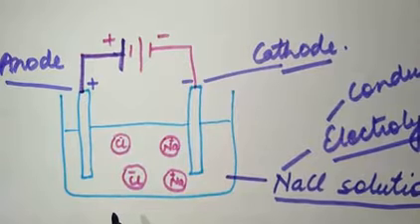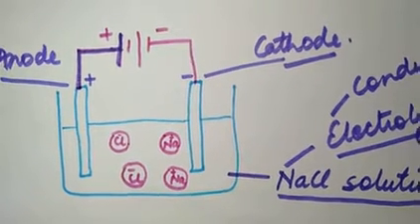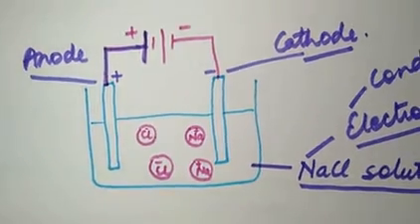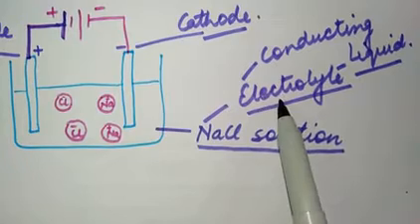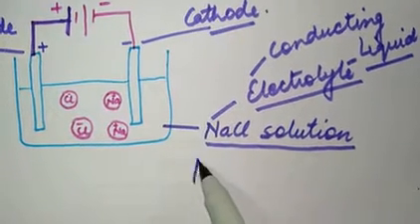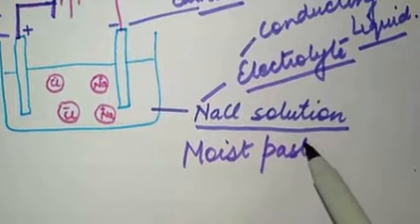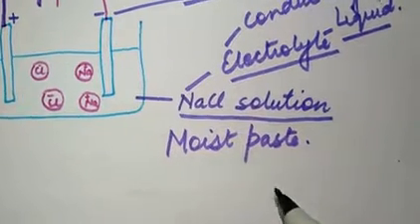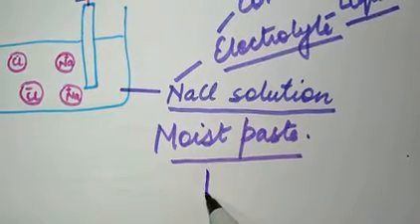So the electrolyte is a moist paste that is made up of ions. This is the conducting liquid, or we can define it as a moist paste that contains ions.